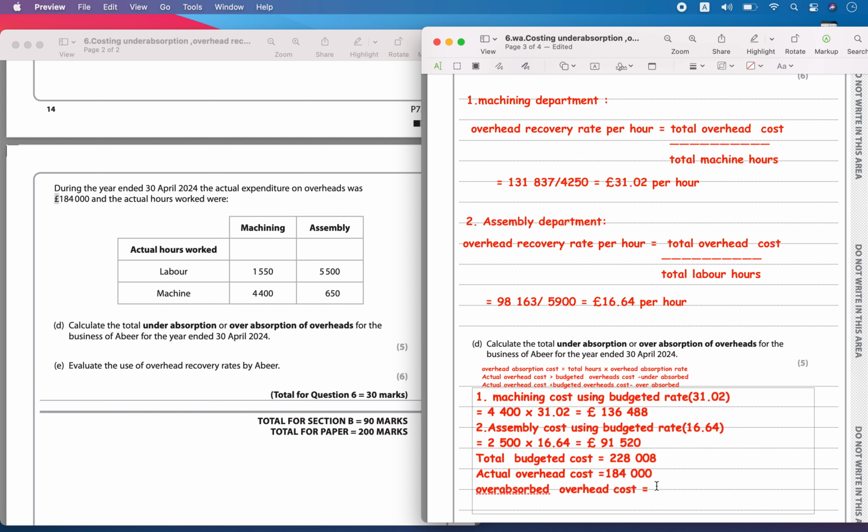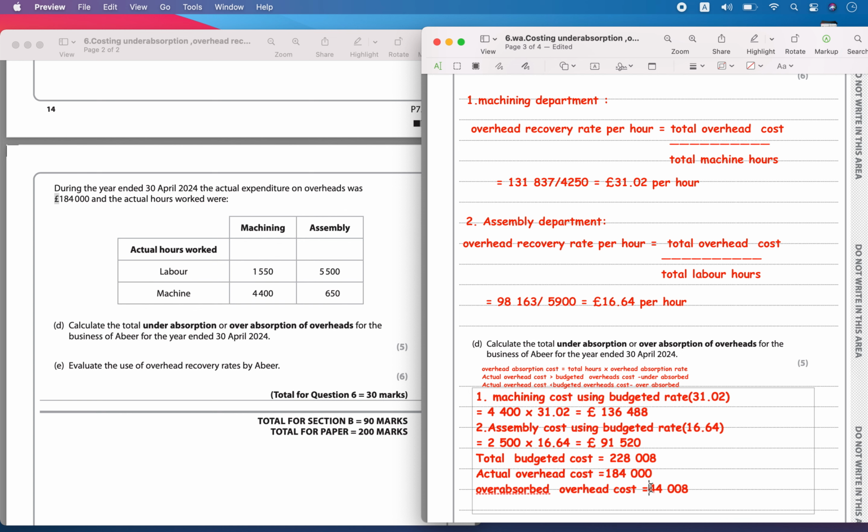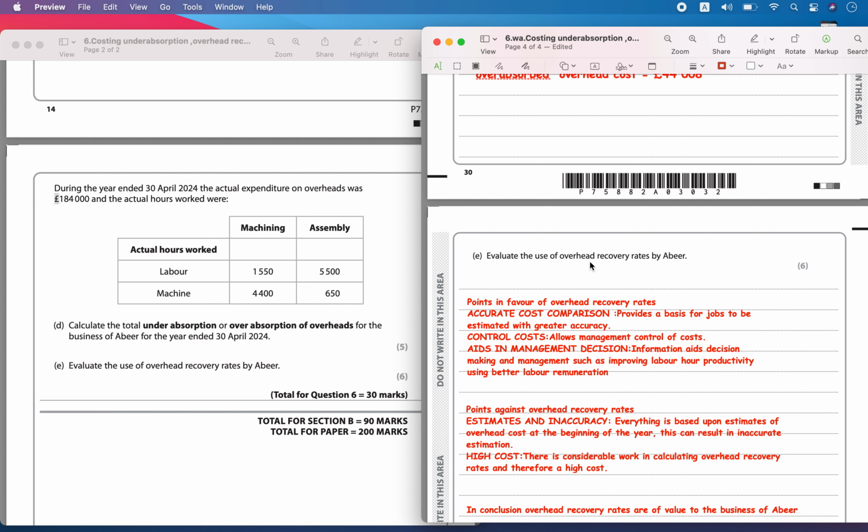By how much? Find the difference between those two, so by the amount 44,008. By this much I have been able to perform well. My actual overhead cost has been less for the business, so I have been able to over absorb those overhead costs very well.